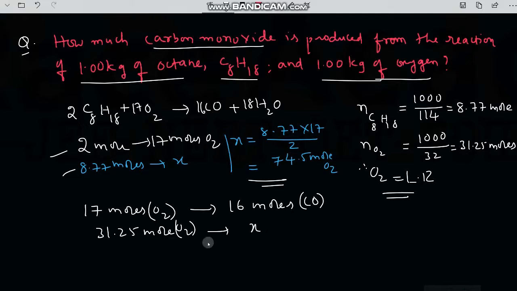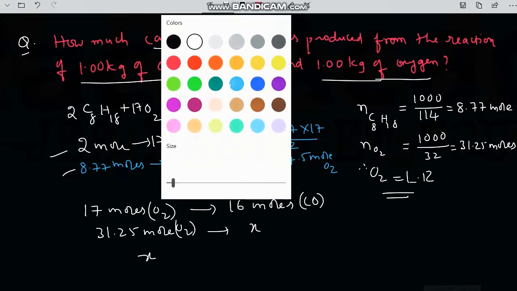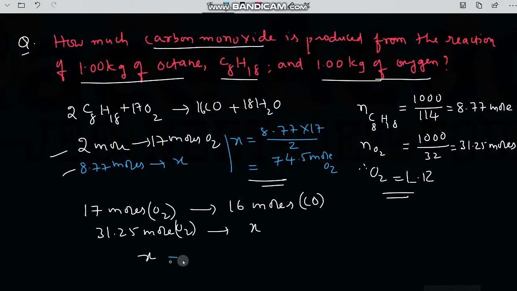Assume x moles. Let us calculate what x is here. X is equal to 31.25 into 16 by 17. This is the number of moles of CO.